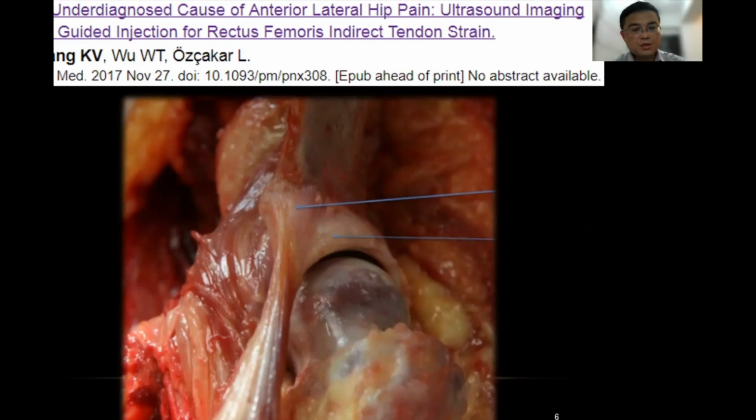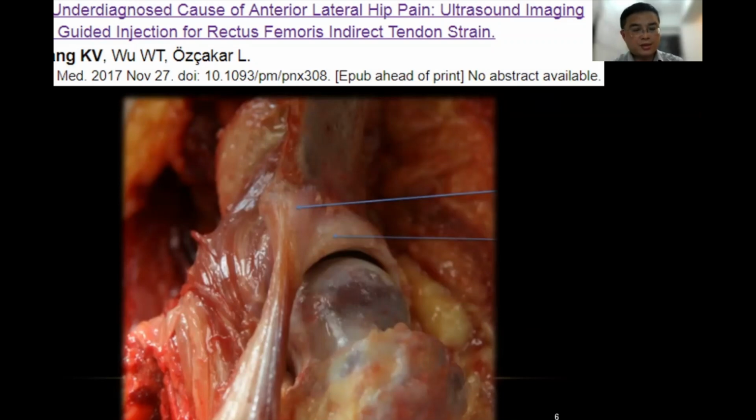So in patients with complaint of anterolateral hip pain, the culprit could be the indirect head of the rectus femoris, and the sprain of the indirect head of the rectus femoris is usually overlooked during our daily practice.